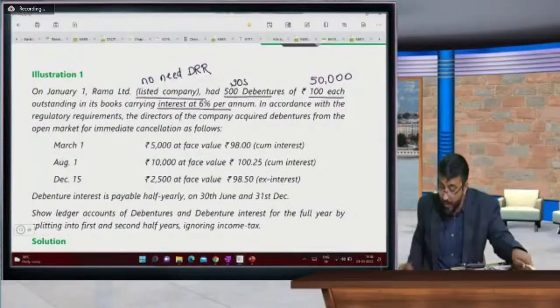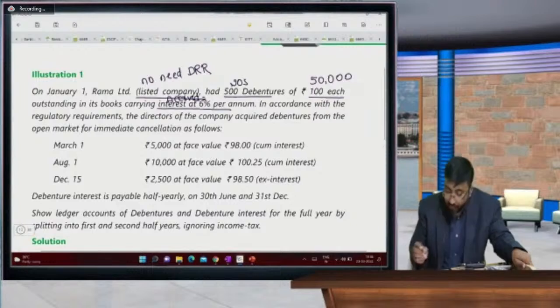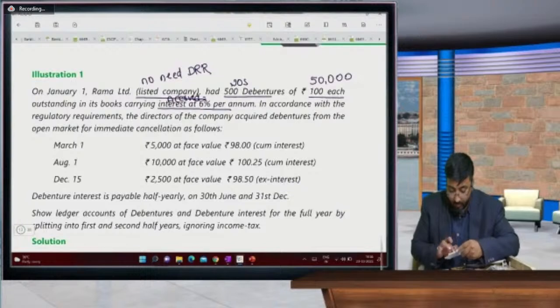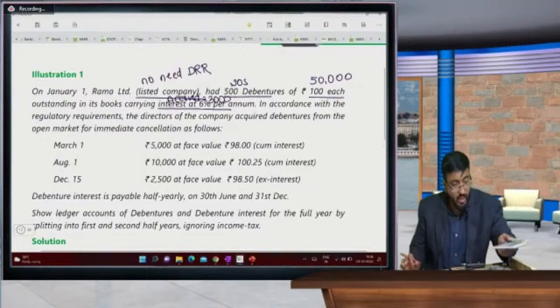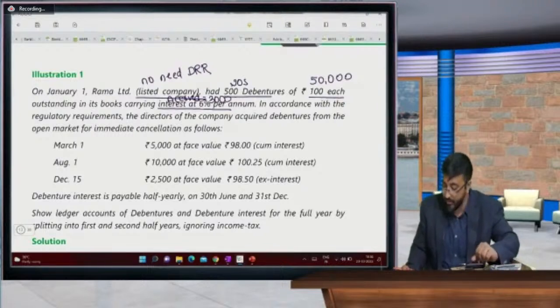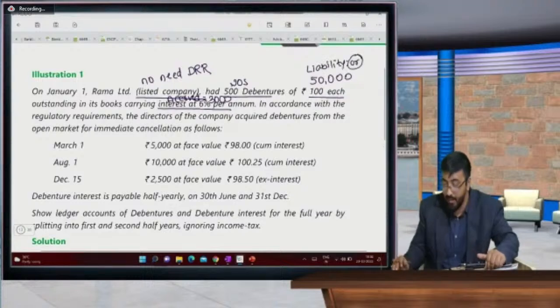So per annum, your interest accrued is 50,000 into 6%, so it will be 3,000. Wait. We are not concerned about interest, but we are concerned about 50,000. Which balance, beta? Debentures. It's a liability, therefore a credit balance.